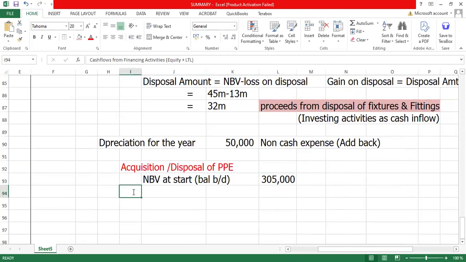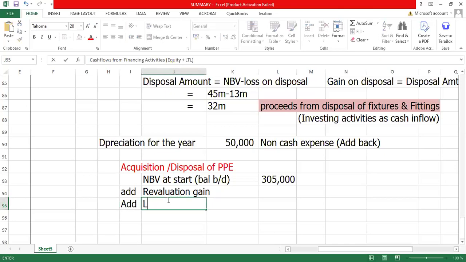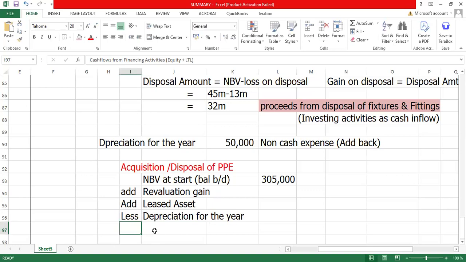What else do you add back? You add back the revaluation, and you add back the leased asset during the year. Then you erase the depreciation for the year. You erase the revaluation loss, if it's there.